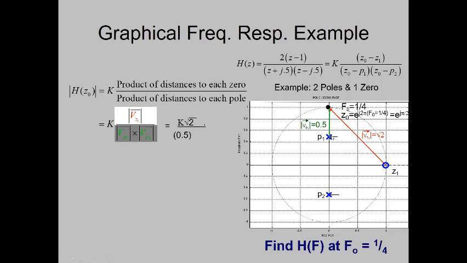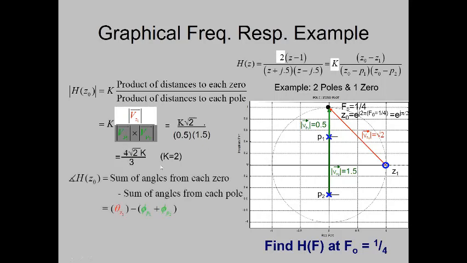This pole is at j 1/2, so this has a length of 1/2. This one is at minus j 1/2, so it has a length of 1.5. And again, we know k equals 2. And so we get our total response, the magnitude response at that particular point from these poles and zeros.